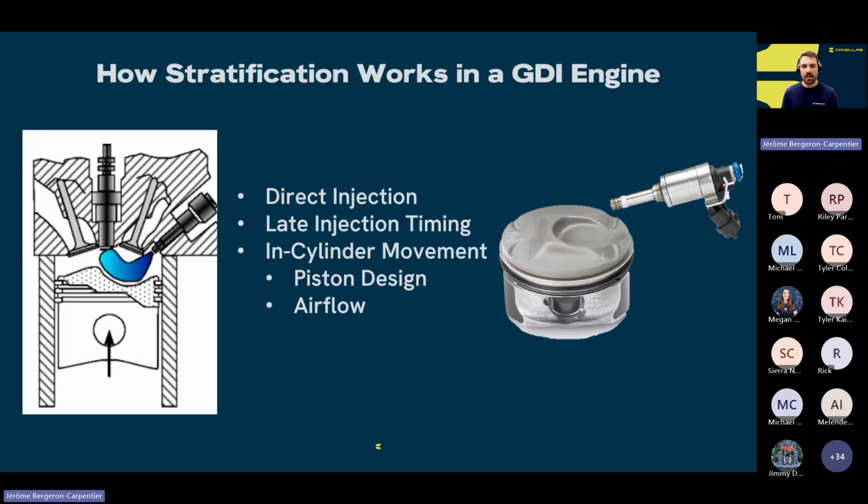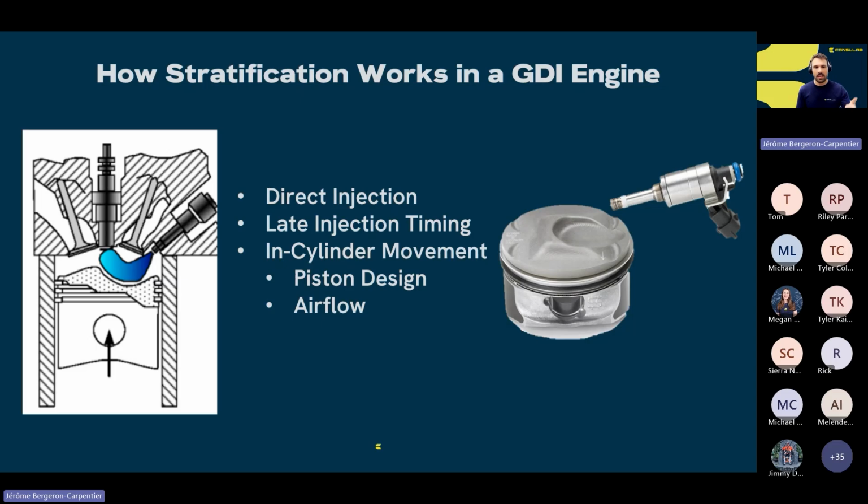So when we are in compression, the fuel is going to be injected onto the piston, and the piston has a special shape at the top that's going to redirect all the fuel, or most of the fuel, close to that spark plug at the top. Even in some older generations of GDI, they used to have 2 injectors, and again, the cost related to those systems is even higher.